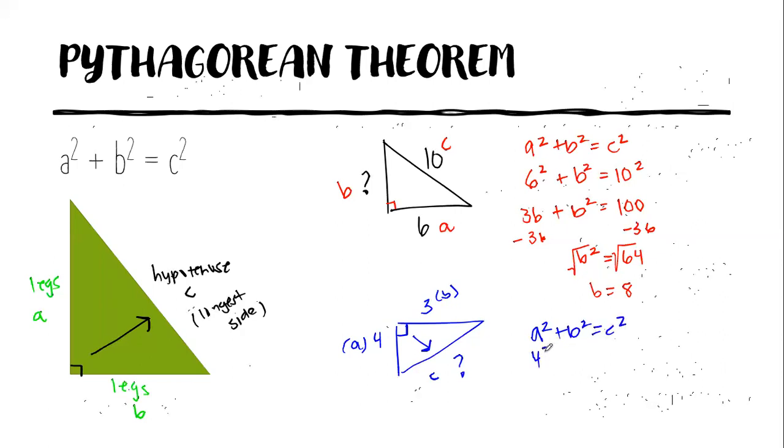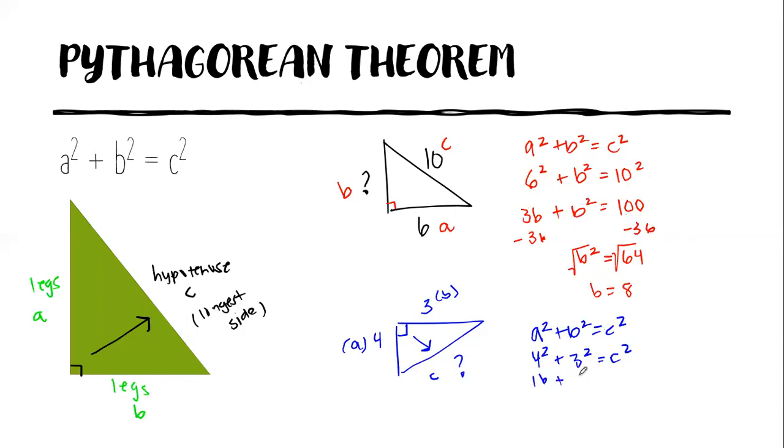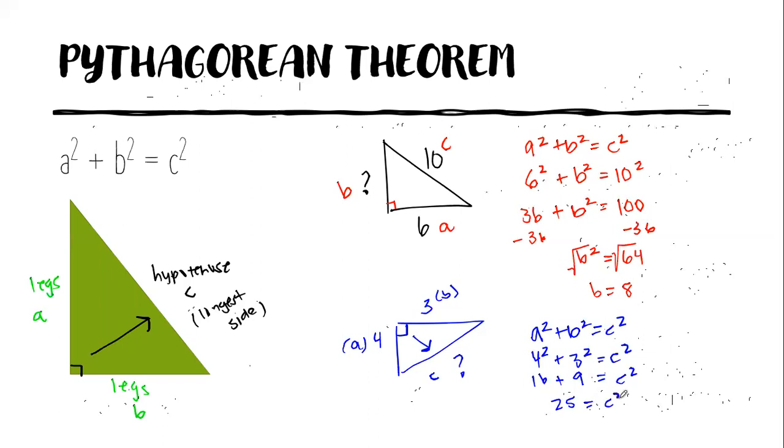A is 4, so 4 squared plus B, which is 3, 3 squared. C, I do not know. 4 squared is 16, 3 squared is 9, equals C squared. What do I do with these two numbers? Add them together, so 16 plus 9 is 25, equals C squared. Is that my answer? Oh, I've got to square root it. So 5 equals C.